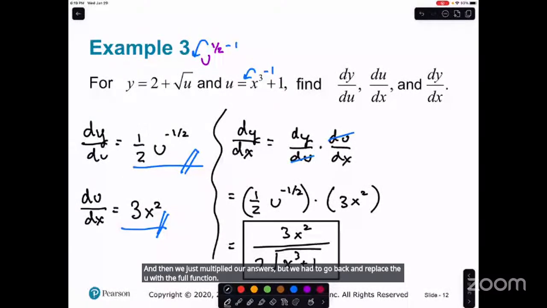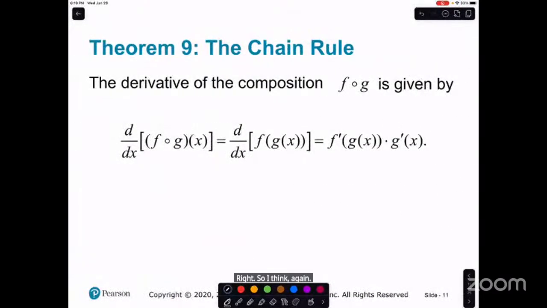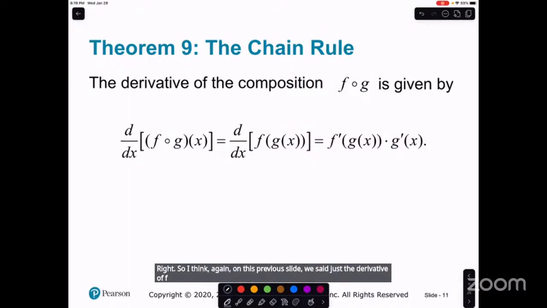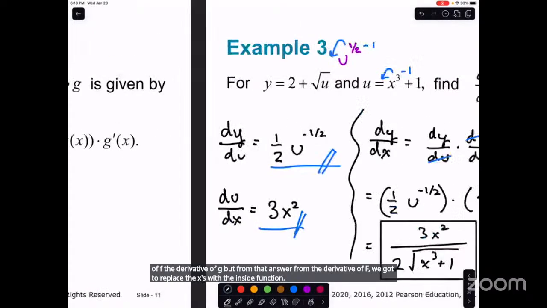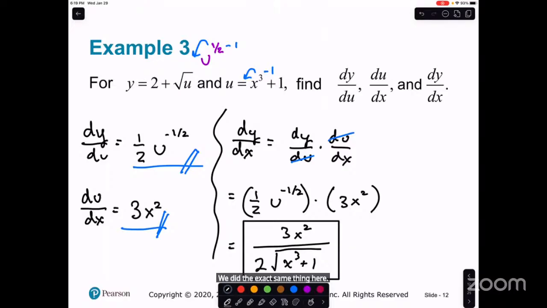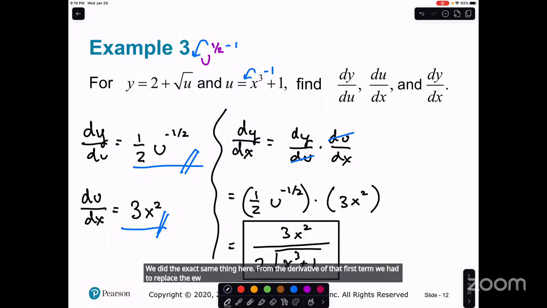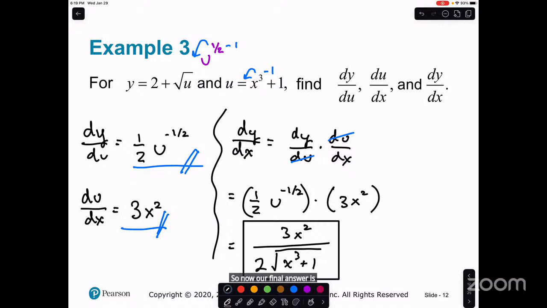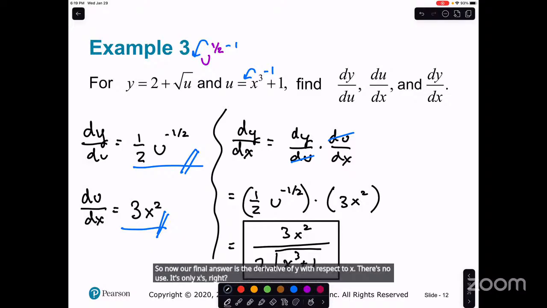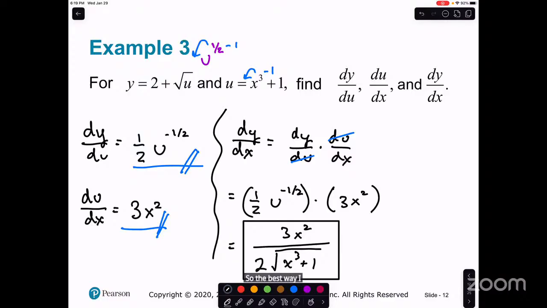On the previous slide we said just the derivative of f, the derivative of g, but from the derivative of f, we had to replace the x's with the inside function. We did the exact same thing here. So now our final answer, the derivative of y with respect to x, has no u's, only x's. The best way I can summarize that is the derivative of the outside function times the derivative of the inside function.